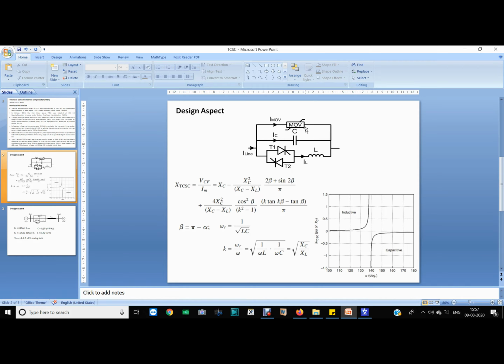So if we calculate the overall impedance across the TCSC, first just remove the MOV.